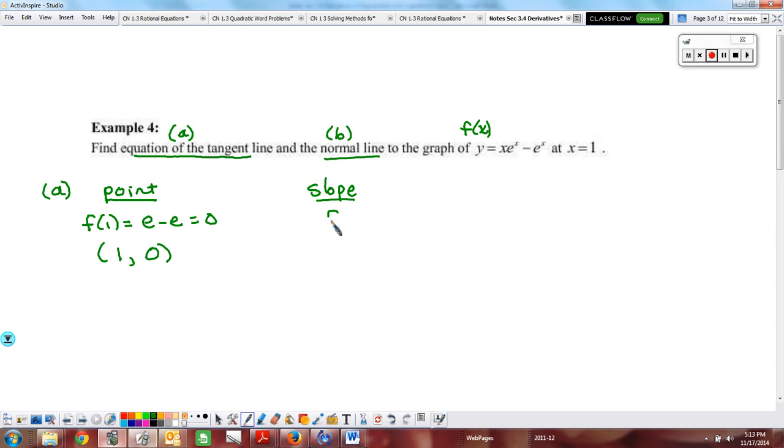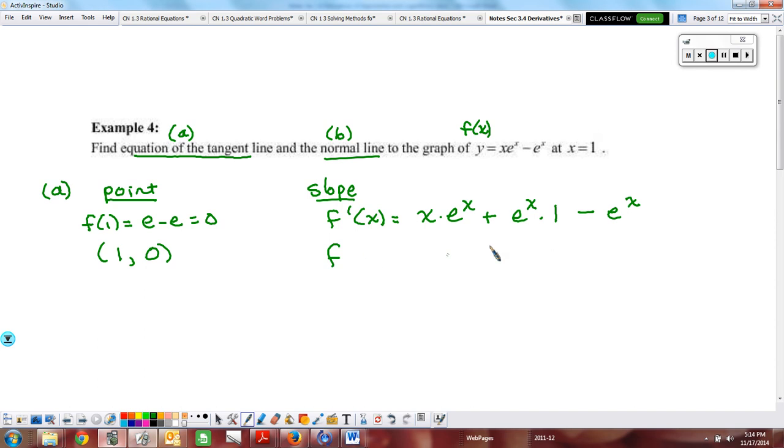My slope, I need f prime of x, so I'm going to use product rule here and then do the difference. Product rule would be the first function, x, times derivative of the second, which is itself, plus your second function times derivative of the first, minus, then you run through and get to this, derivative of e to the x is e to the x.